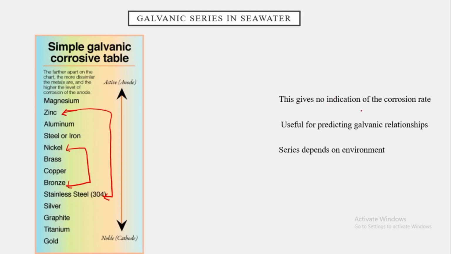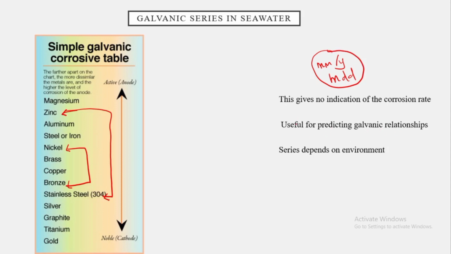Let's look at something about the table. This gives no indication of the corrosion rate. What it does is tell you that corrosion is going to happen, or is happening, but it doesn't tell you the rate at which it will happen, maybe in mils per year or MDD, that's milligrams per square decimeter per day. Is it useful for predicting galvanic relationships?